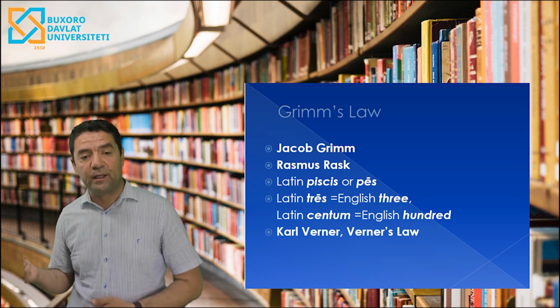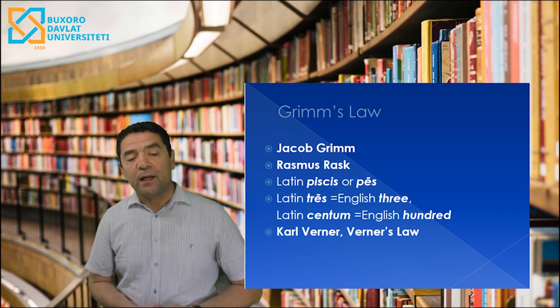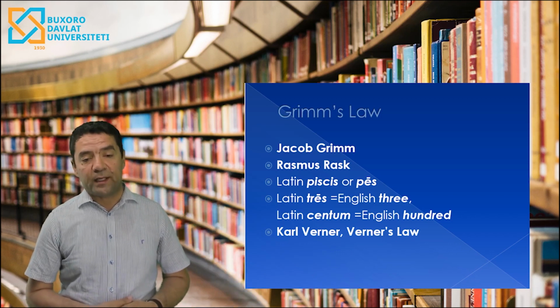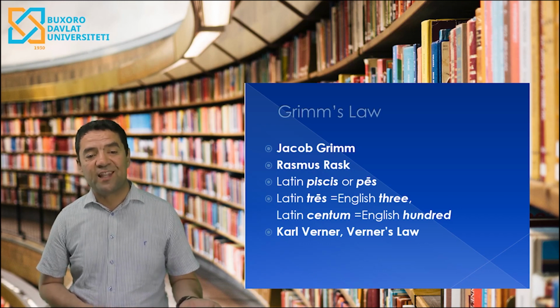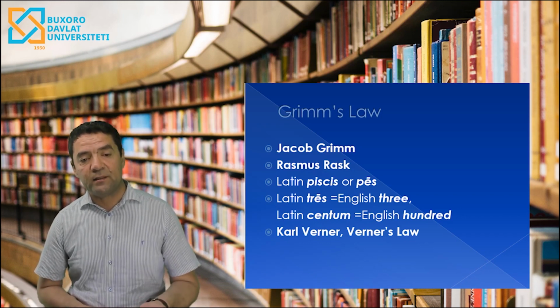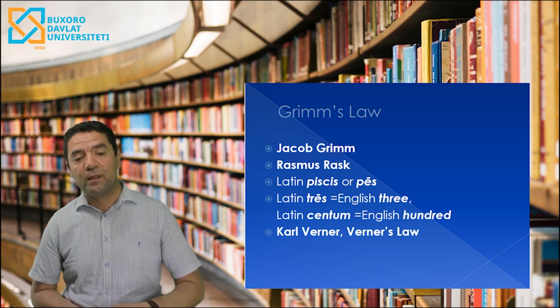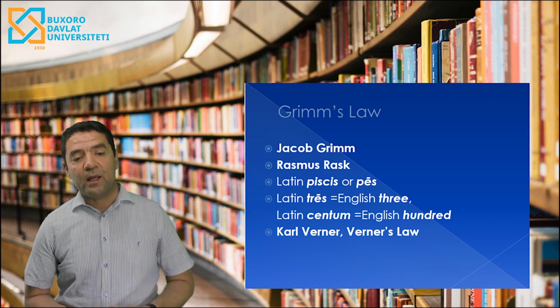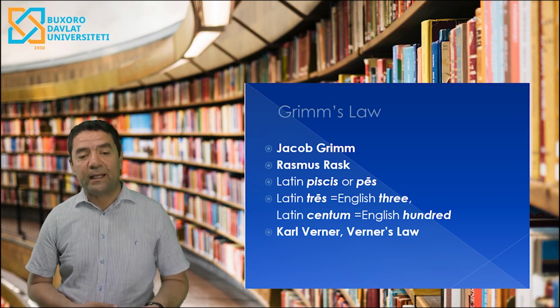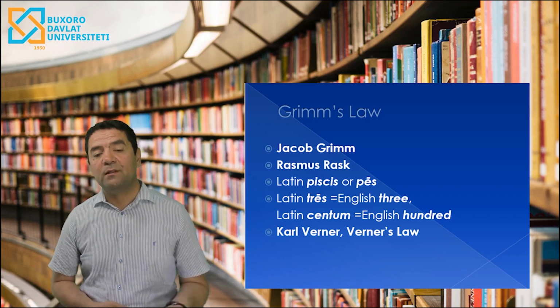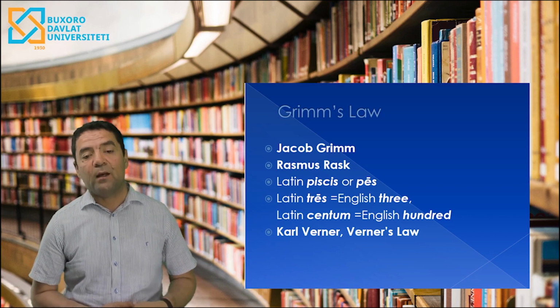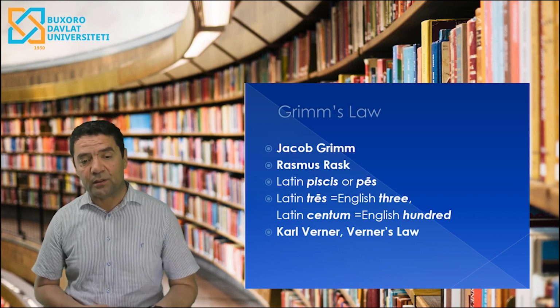Correspondence between pe and fe is observed here. Another example, Latin tres corresponds to English three. Correspondence between te and the. Latin te shifted to the English the. The third one is canton, correspondence between ke of canton and he of the Germanic language, 100.